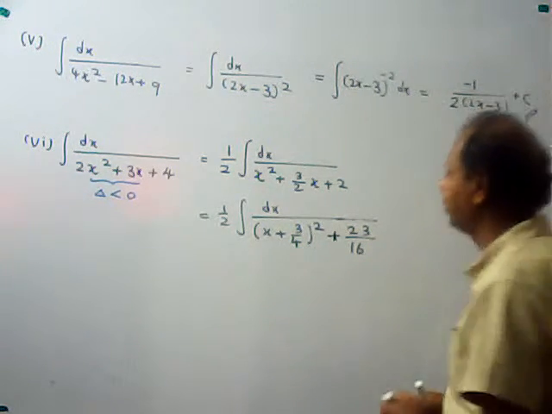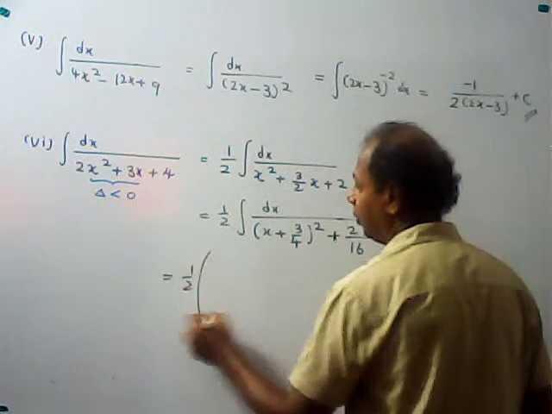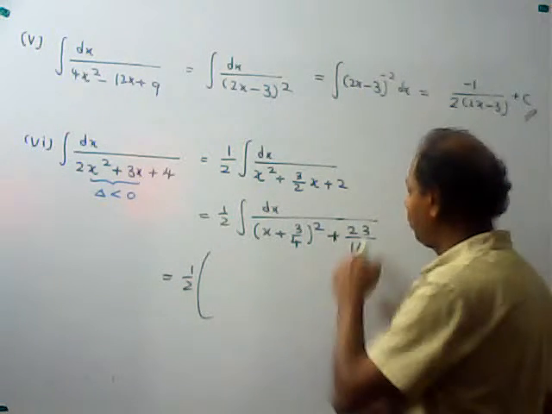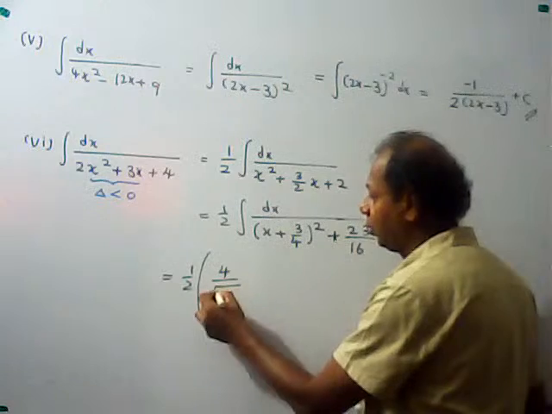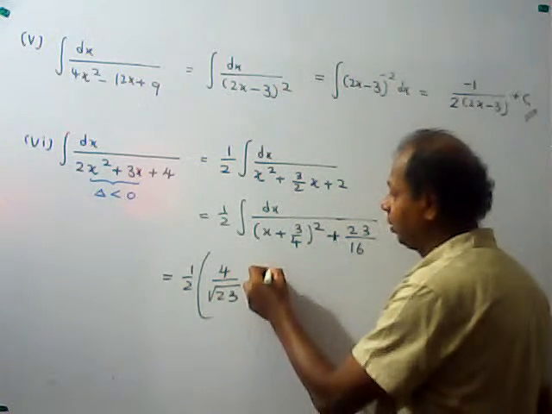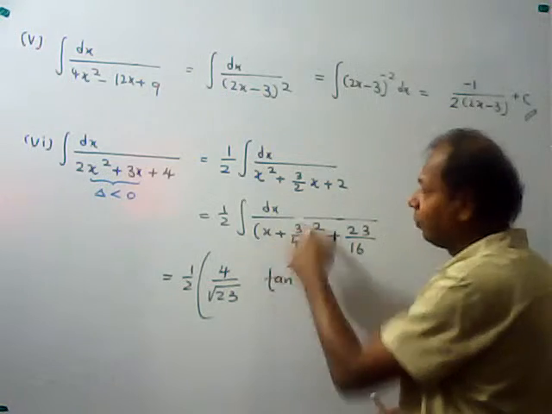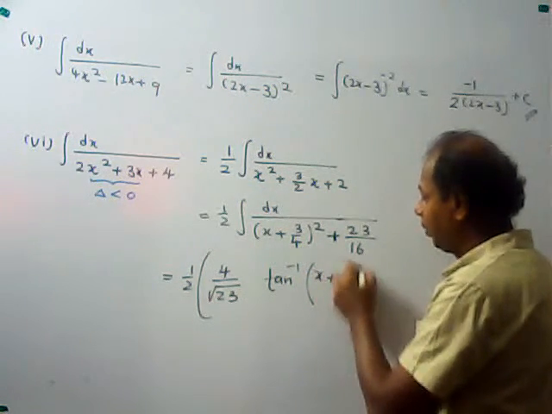So straight away the answer, half, this is taken as a square, so 1 over a, that's 4 over square root of 23, tan inverse, instead of x you have x plus 3 over 4 divided by a.